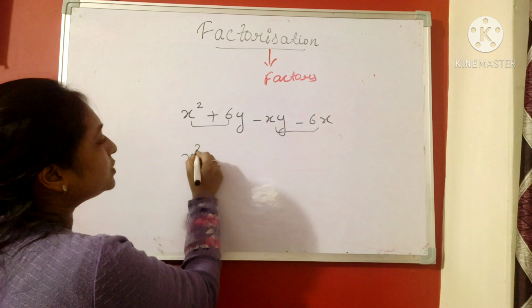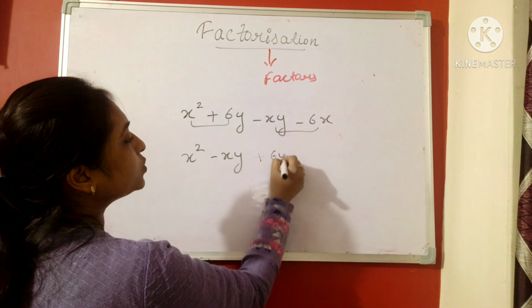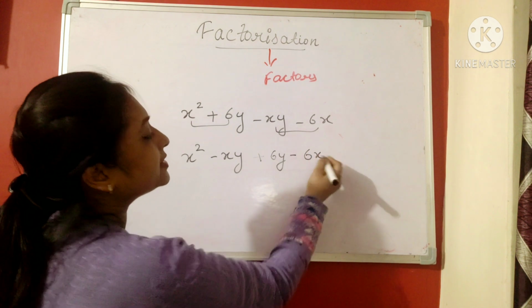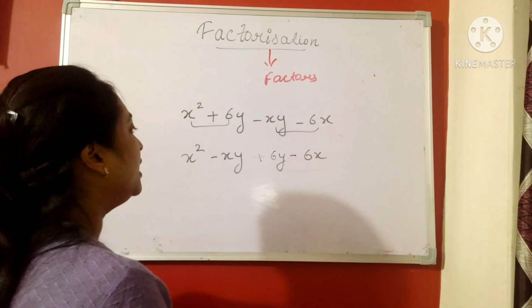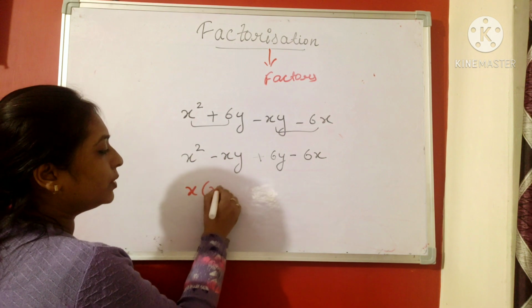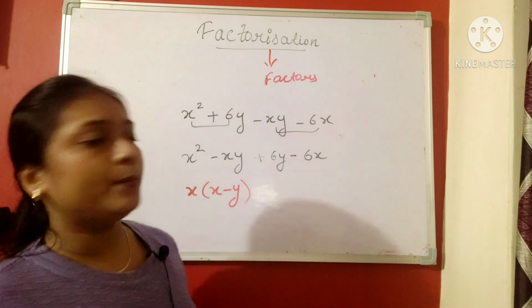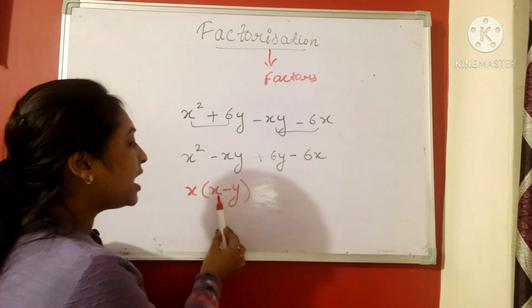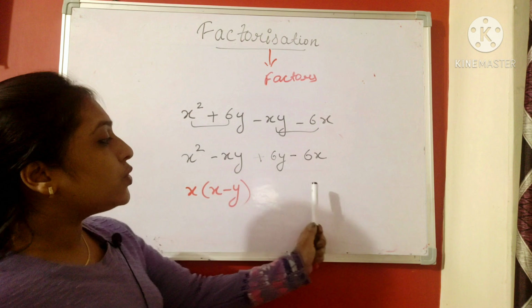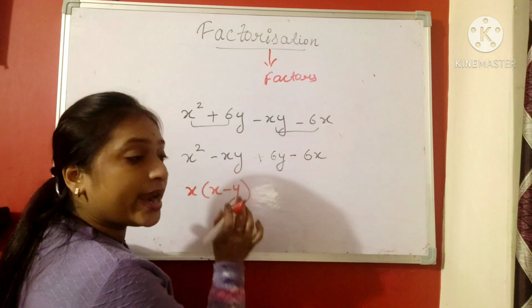Now x square minus xy I have taken together, plus 6y minus 6x I have taken together. In these two terms, x can be taken out common, and x minus y will be left. Now a very important thing: x minus y is coming here, so here also we want x minus y, so we have to adjust.